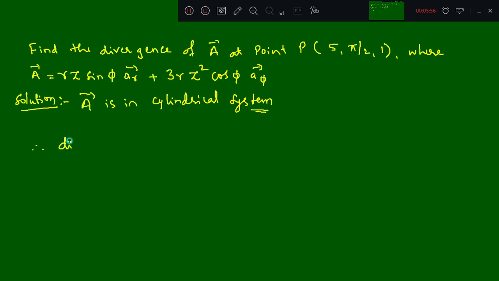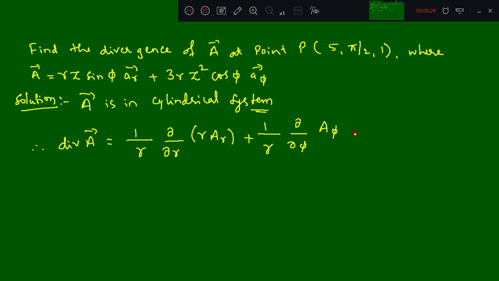So the divergence of A is 1 divided by r into d by dr of r Ar, plus 1 divided by r into d by d phi of A phi, plus d by dz of Az. This is the main formula, so we need to extract the values.